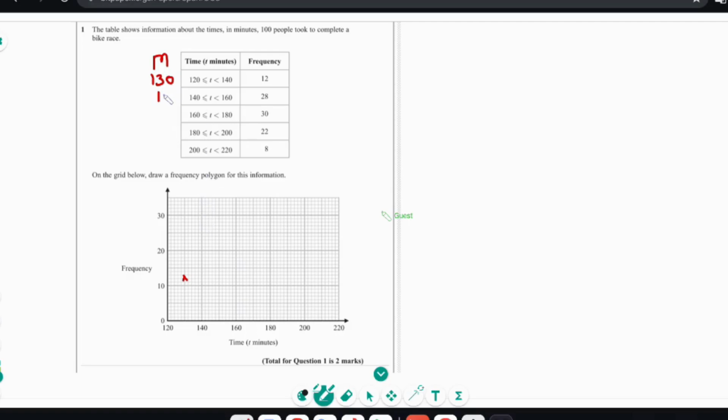Here we've got 150 against 28. 170 against 30. 190 against 22. And 210 against 8. And then we join up the crosses with straight lines.